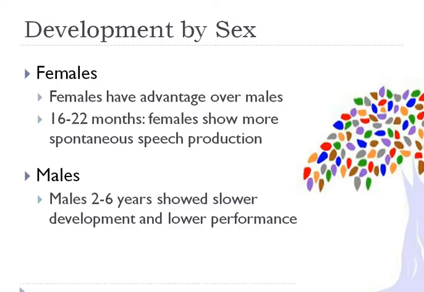One possible theory is that mothers feel somehow more comfortable and connected to their daughters in conversation, so they're talking a lot more to their daughters than their sons. And since practice makes perfect, females acquire language much more quickly through that conversation. Males, especially in the 2 to 6 year range, showed slower development and lower performance on language-related tasks.